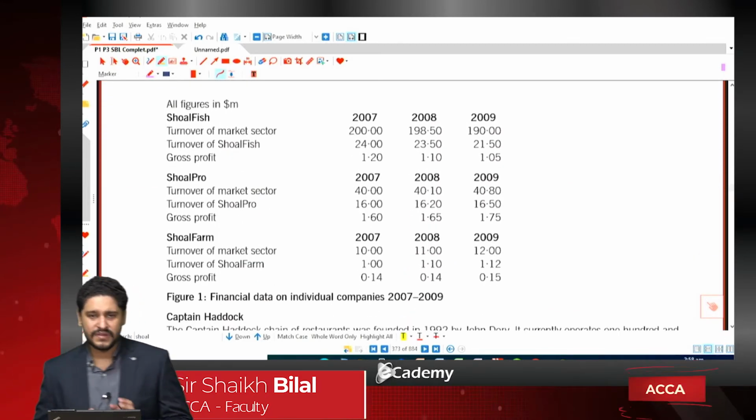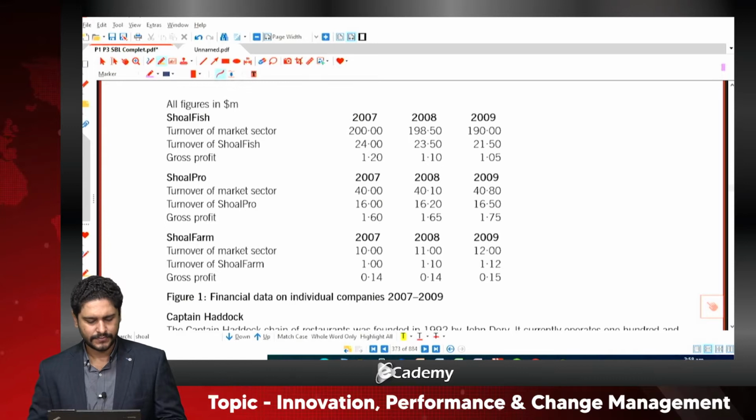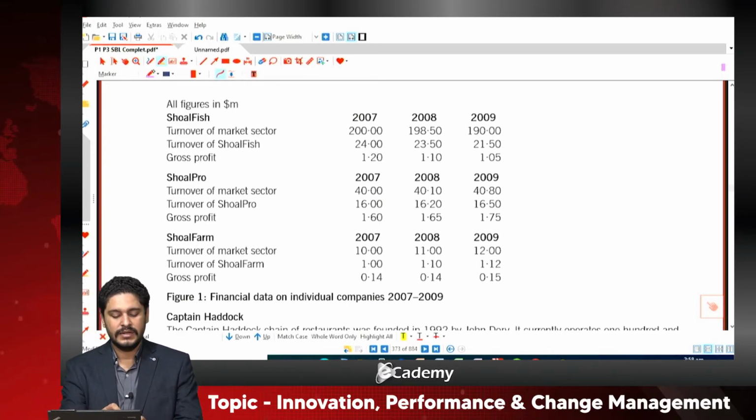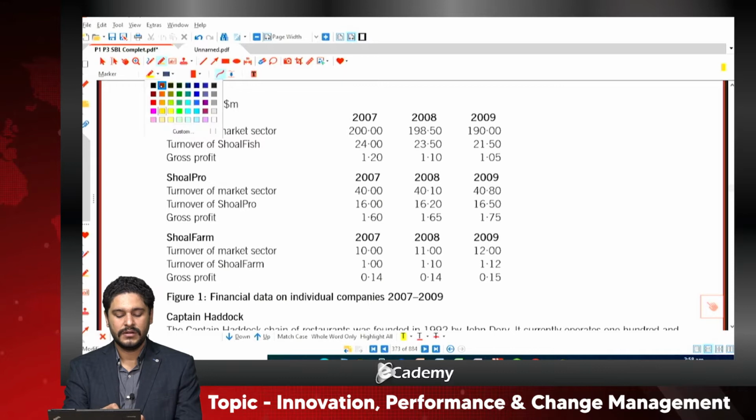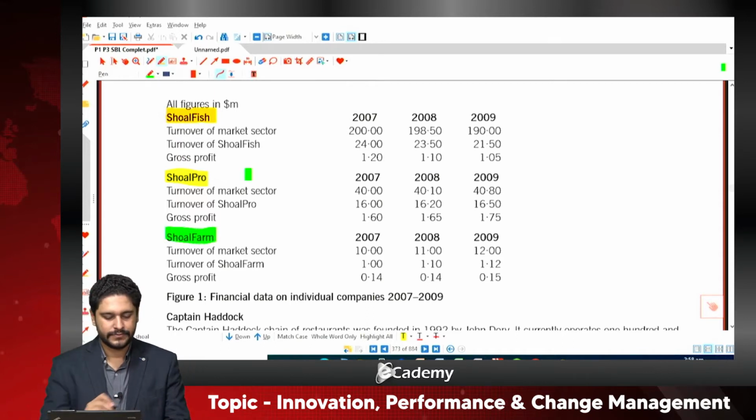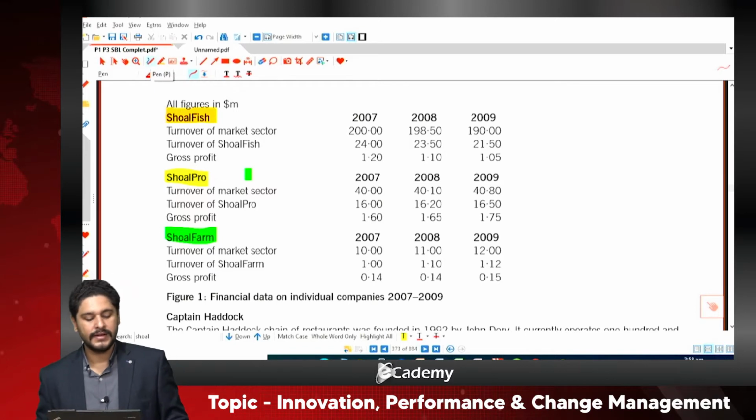Now we need to do some financial analysis over it. Let me make this with 3 different colors. We have got Shoal Fish, then Shoal Pro, and then Shoal Farm. For Shoal Fish, we have the turnover of the market sector, turnover of Shoal Fish, and gross profit.